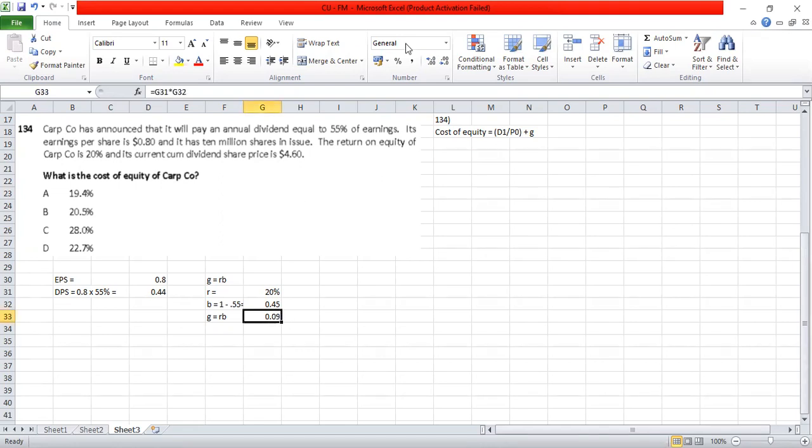Now, the D1 part also has to be calculated. D1 is equal to D into 1 plus G. We already got the dividend per share D as 0.44, so 0.44 into 1 plus 9%.